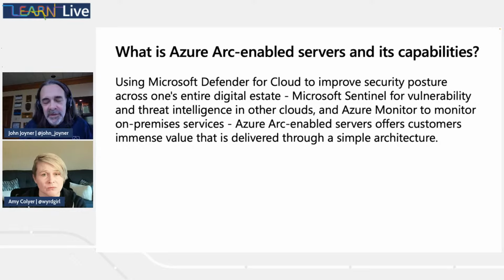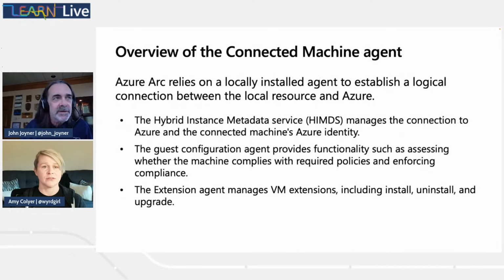So the thing that the Learn module goes into next is an overview of the connected machine agent, and this might be the first demo area. Can you go to the overview of connected machine agent? There we go. So these 3 bulleted items on this slide correspond to 3 services and processes that exist on your Azure Arc servers.